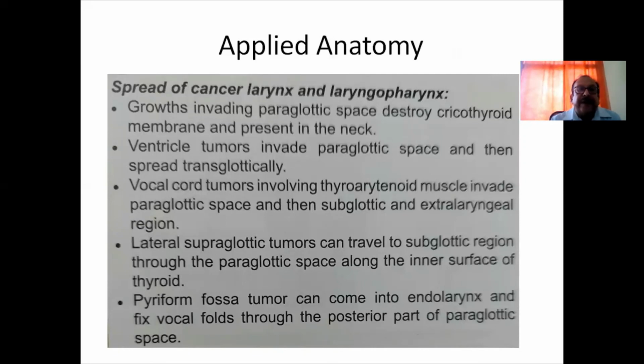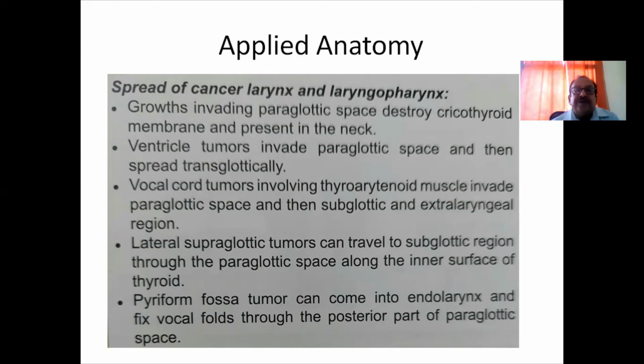Now, coming to applied anatomy, spread of cancer in the larynx and laryngopharynx. Growths invading paraglottic space destroy cricothyroid membrane and present in the neck. Ventricle tumors invade paraglottic space and then spread transglottically.